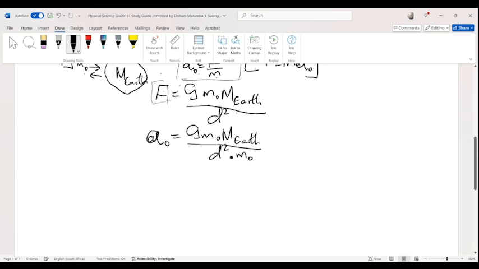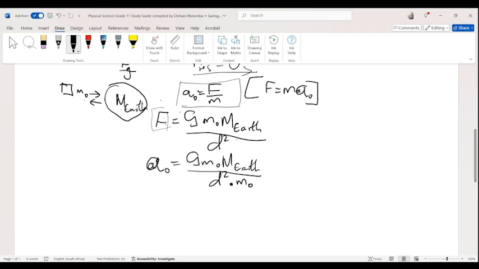This m0 is coming from here, and this m0 will cancel the m0, and I will have G mass of Earth all over d squared. Okay, so this is the typical formula.